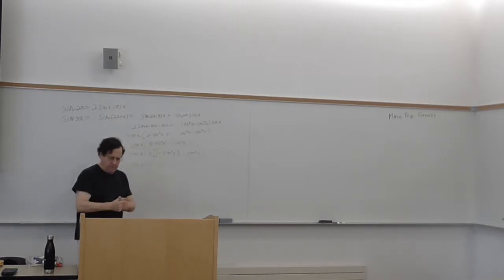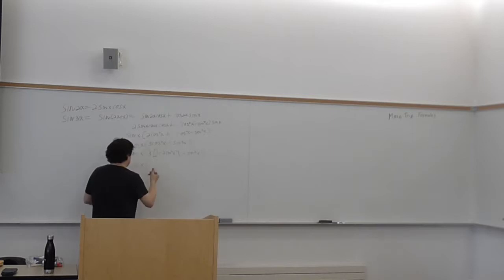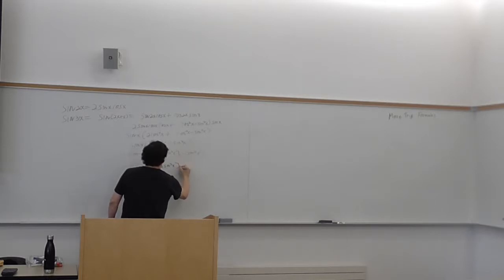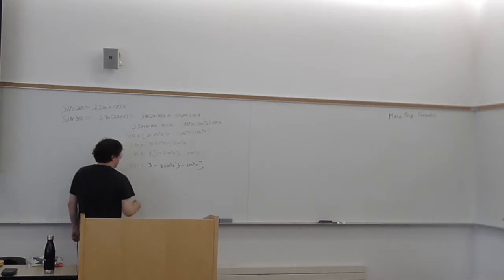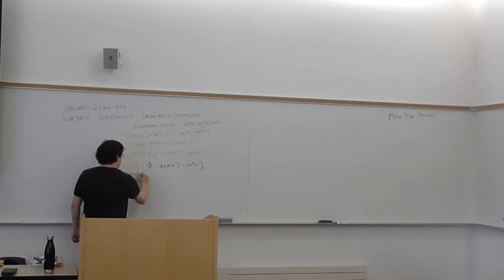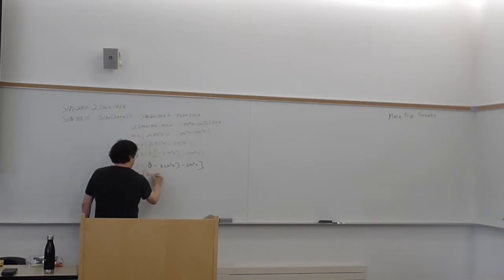I guess it's time to get a new marker here. 3 minus 3 sine squared x minus sine squared x. So what does this give us? Sine of x times 3 minus 4 sine squared x.